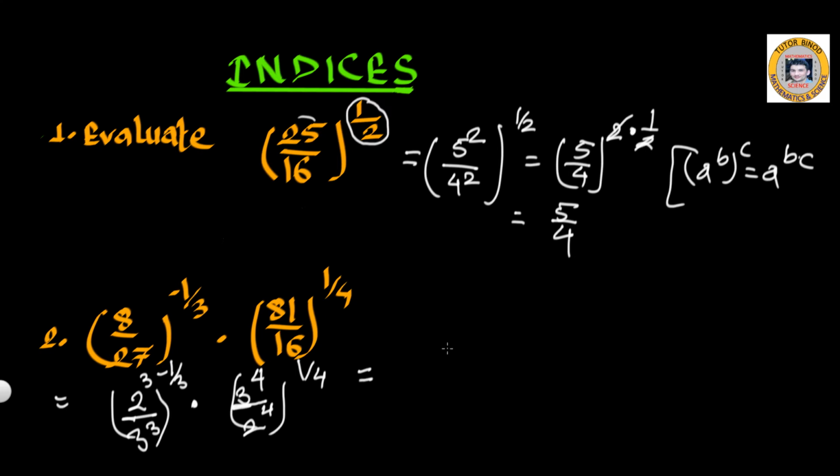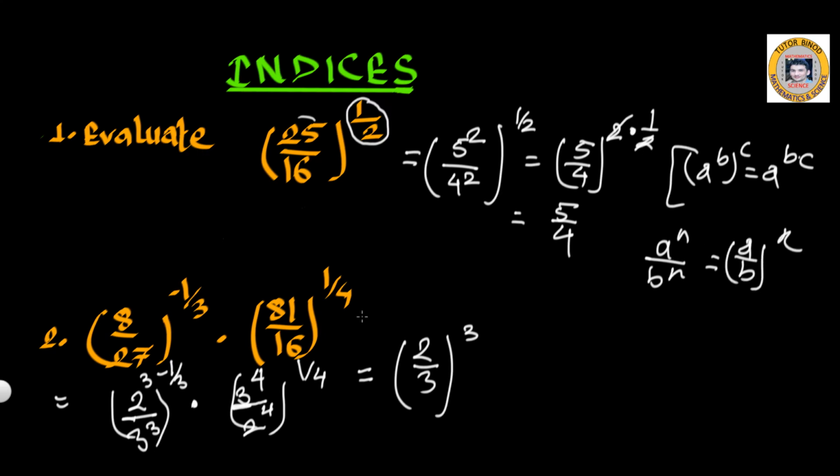Now what can we do? As we did in our previous example, we can write this as (2/3) whole to the power 3, because if we have a to the power n over b to the power n, we can write it as (a/b) whole to the power n. That's why it's (2/3) to the power 3, but we have another power to it.